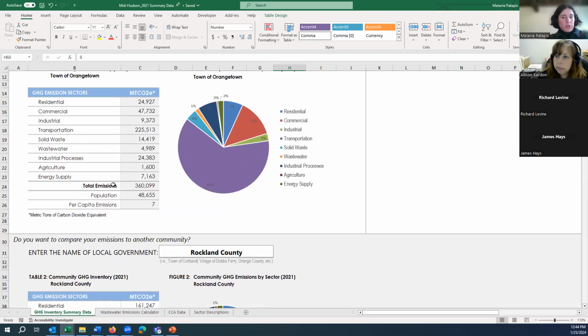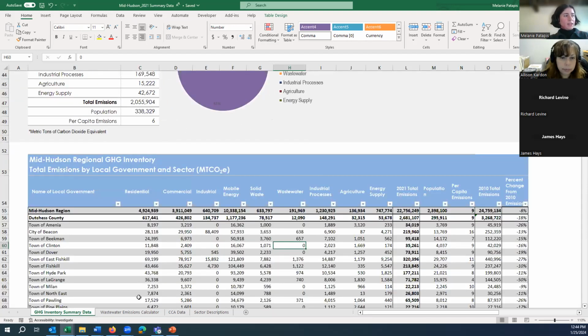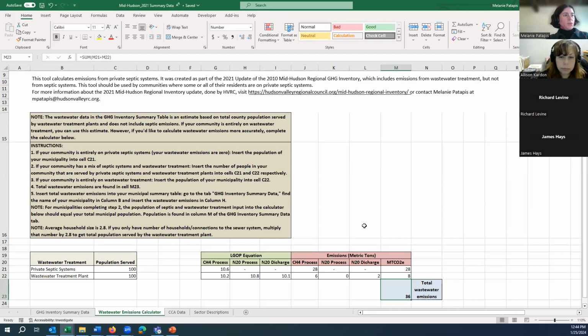And so you only have to input in that one section. Again, this is only for communities that are either a combination of private septic systems or private septic and wastewater treatment. If you're entirely on a sewer system, you can leave the estimate as is and not go through this additional step.